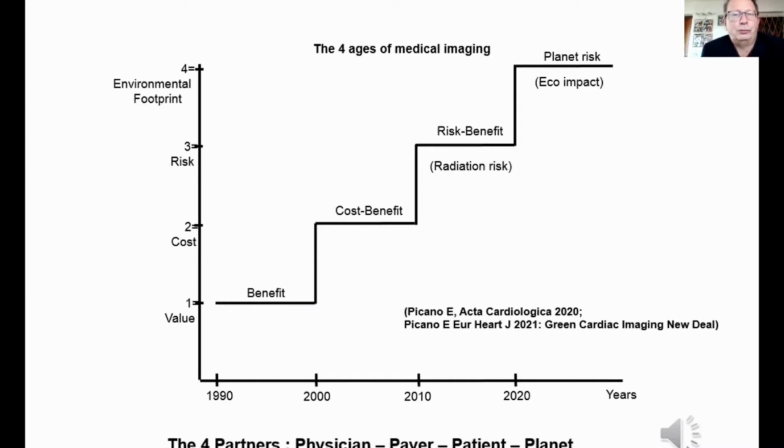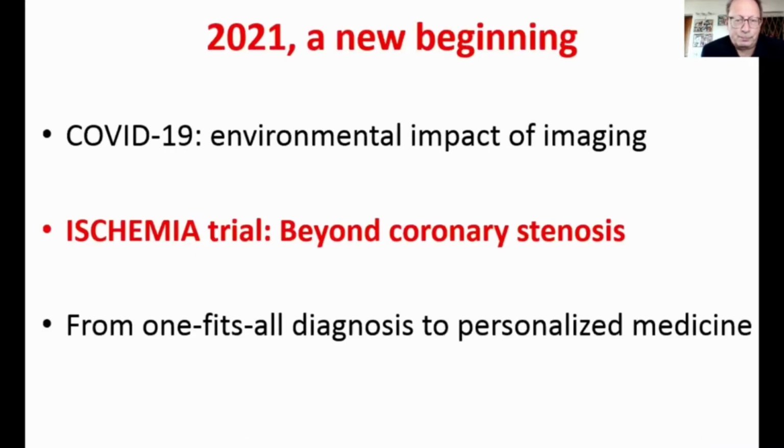Risk benefit, which should include not only the acute risk, for instance, of stress testing, or subacute risk, for instance, of nephrotoxicity of iodine contrast used in CT or in coronary angio, but also the planet risk, the echo impact. There are 4 partners, and all of them are stakeholders when we decide what to do in cardiac imaging lab. The 4 partners are the physician, the payer, the patient, and the planet.